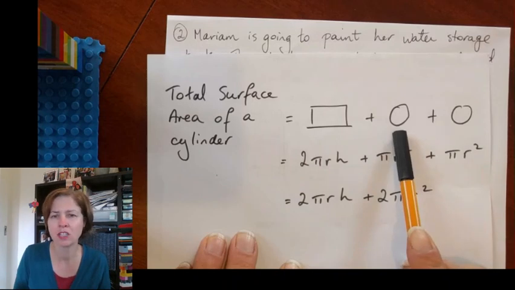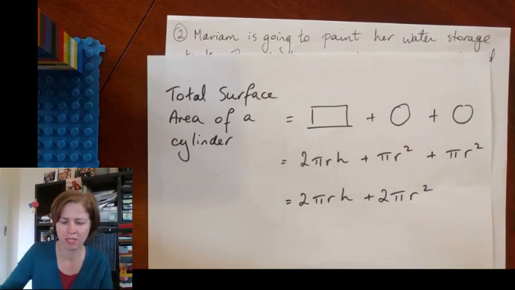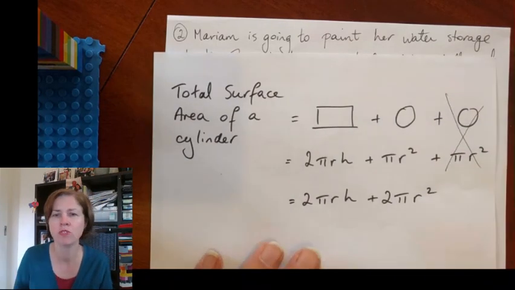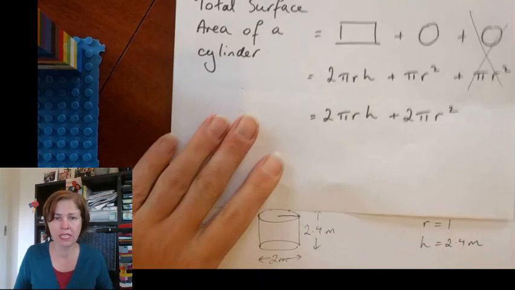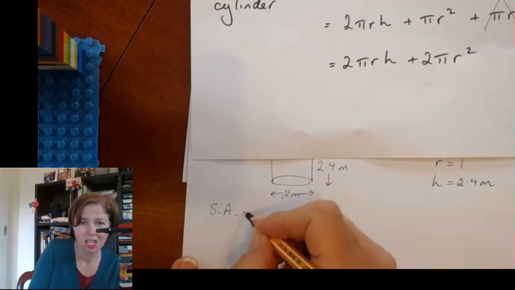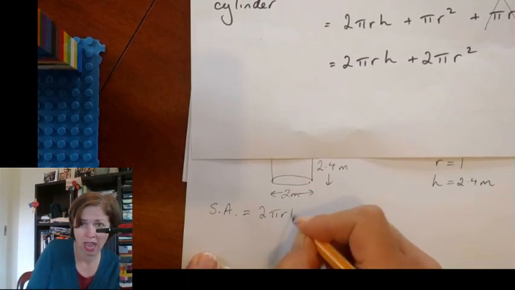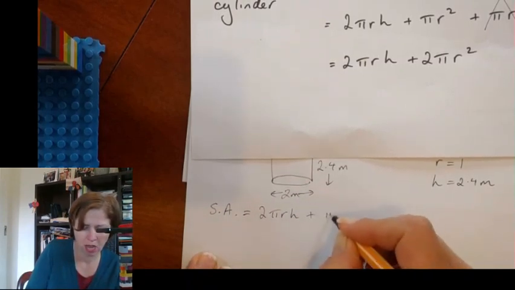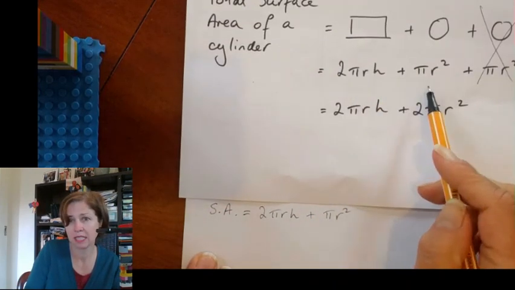She's going to paint the top, that's this circle. She's not going to paint the bottom. So I am not going to use that part of my formula. So when I write my formula down, it's going to be surface area, not total surface area, equals 2 pi r h plus pi r squared. Just this part plus this part.